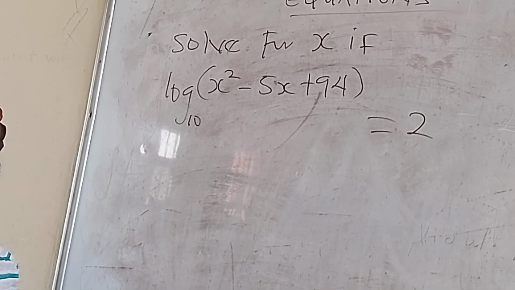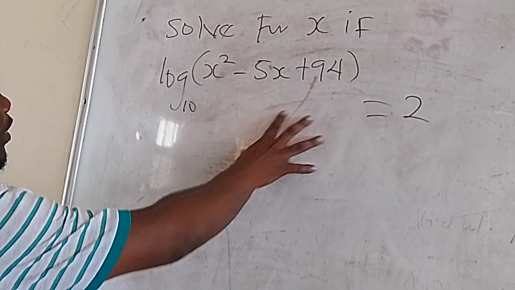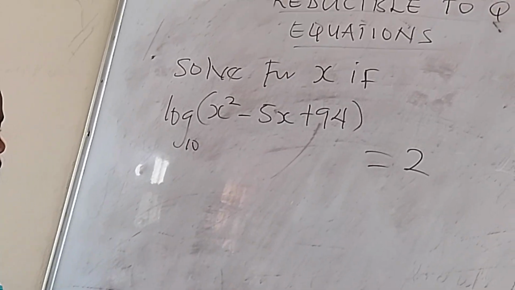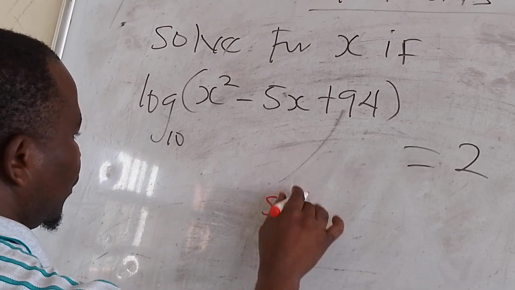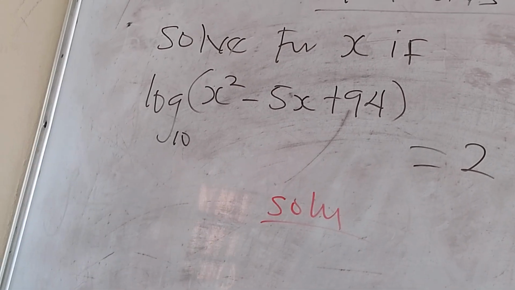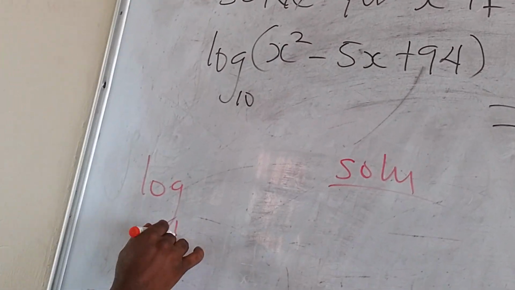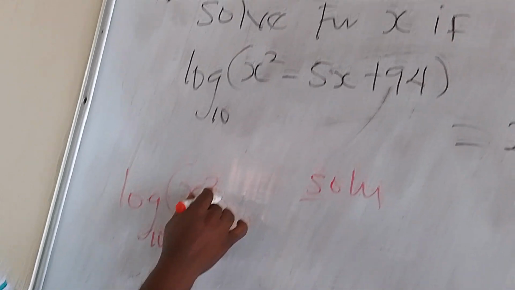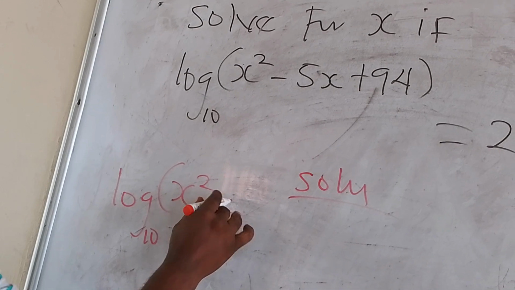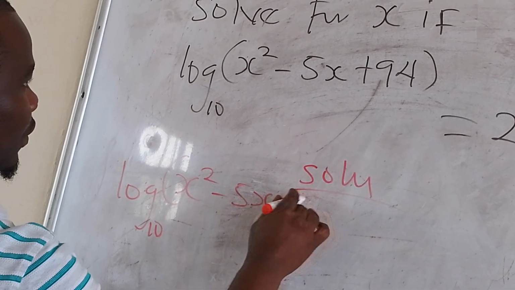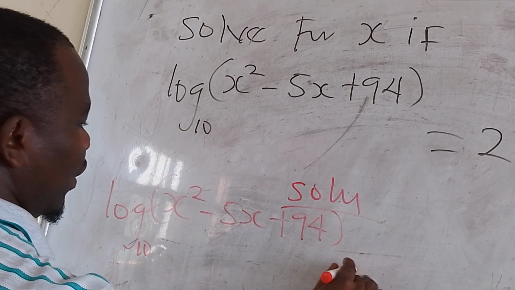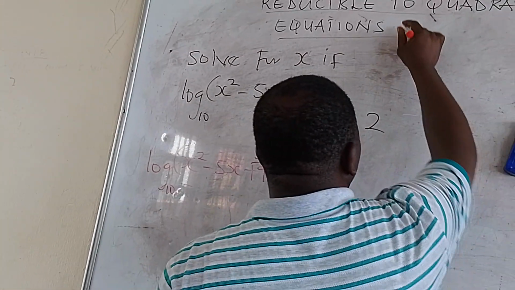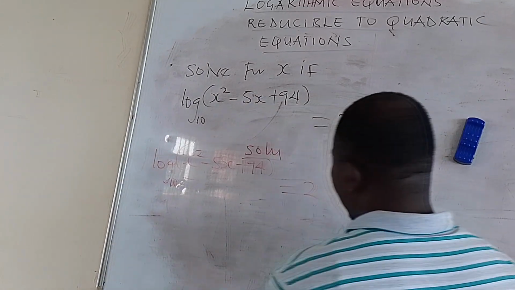Before we can solve this equation, we need to reduce it to a quadratic equation. Let's write the solution. Log base 10 of (x squared minus 5x plus 94) equals 2.